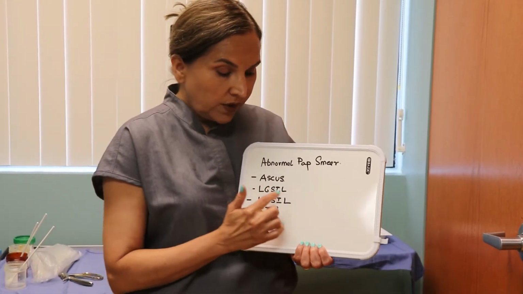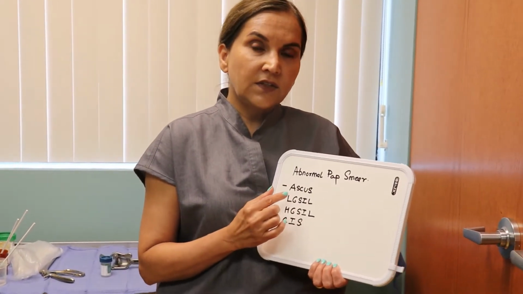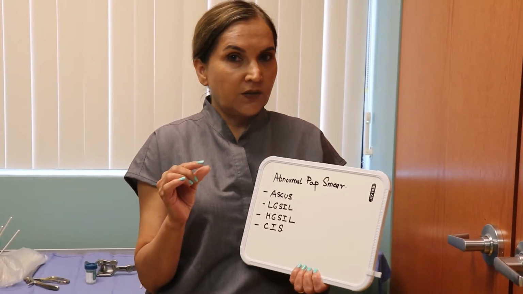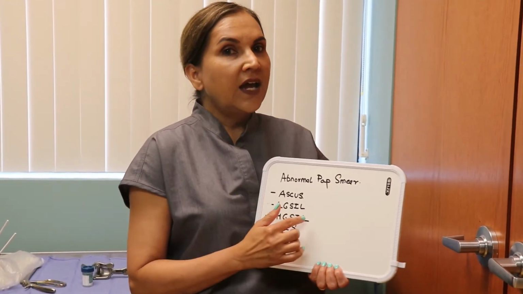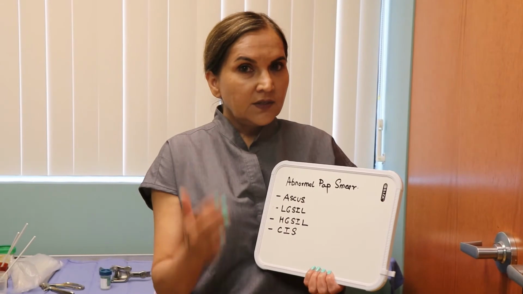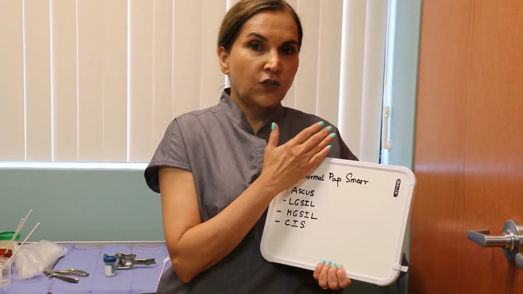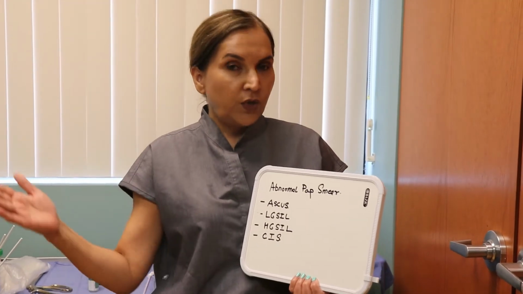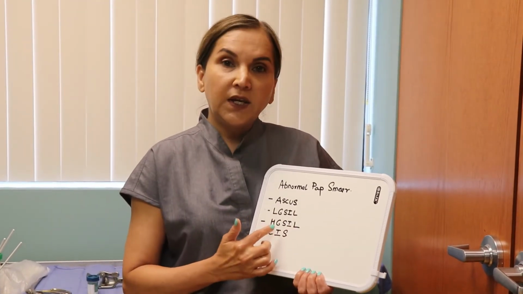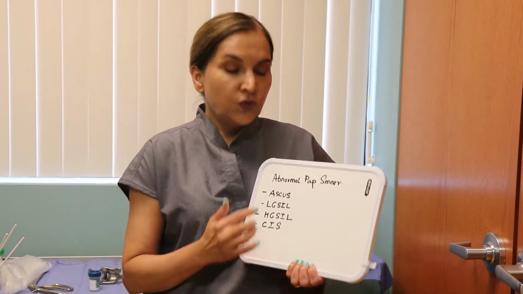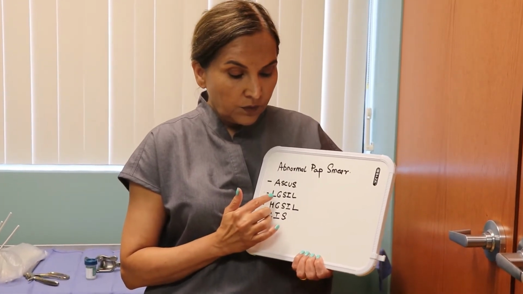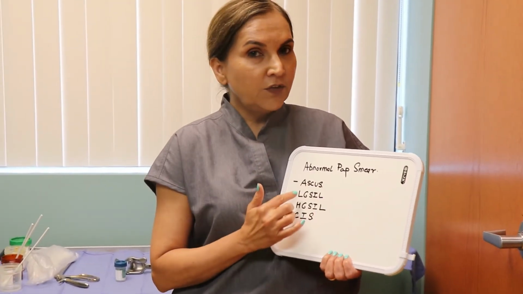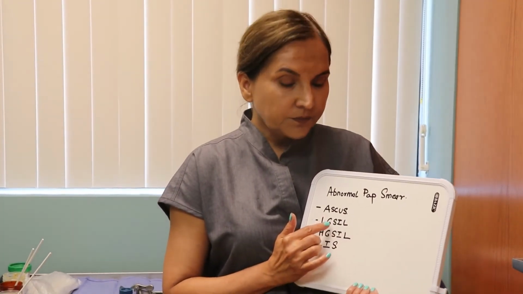Now, the low-grade precancer cells are the cells which are the beginning of the precancer. So there's a very high likelihood that these cells are going to convert back to normal, but some of them may continue to grow into high-grade precancer or a cancer. So again, most patients with a low-grade precancer don't need treatment, but they definitely need colposcopy.